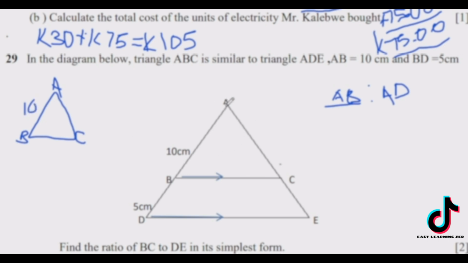We can see this line up to here, it's 10 centimeter. So I've put 10 there. I hope you are able to see it. That's the side that is given.